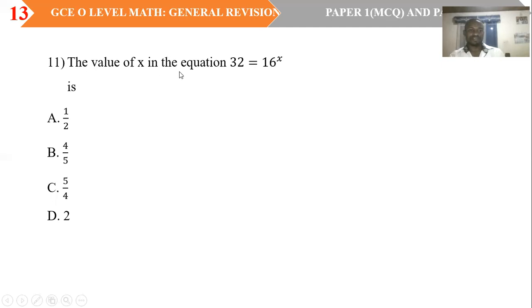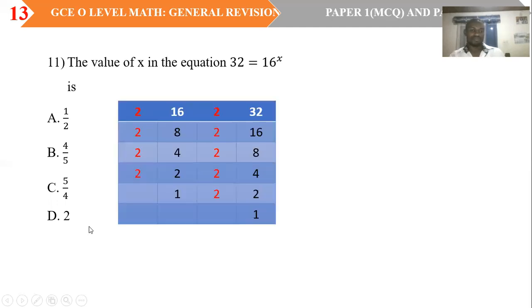Question 11. The value of x in the equation 32 is equal to 16 to the power x. We see that 32 and 16 can be written in index form using a base 2 on both sides. To do that, we need to carry out prime factorization of 16 and 32 as we have in this table.